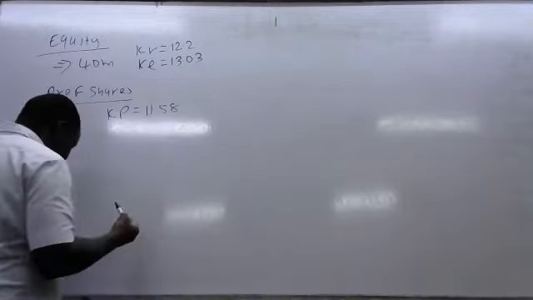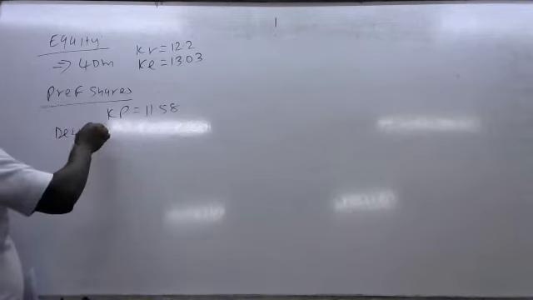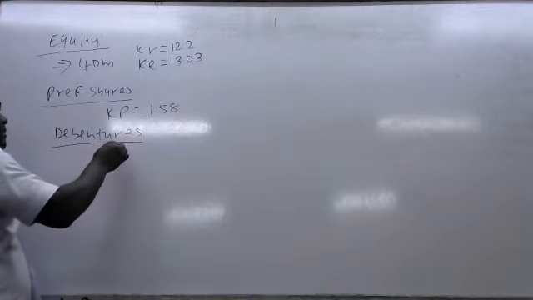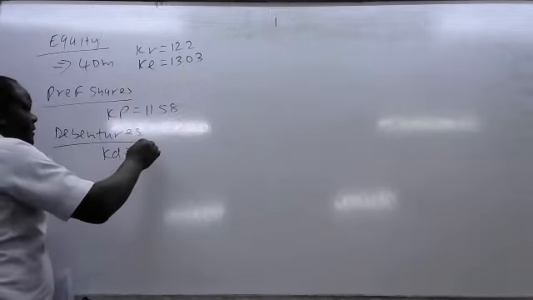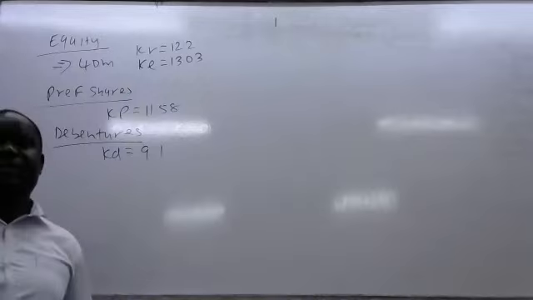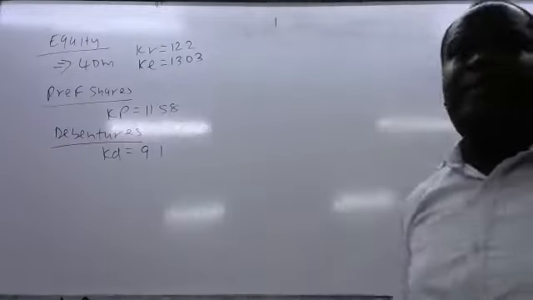Then when it comes to the debentures, debentures also have no breakpoint, but you have calculated KD, 9.1. So that information we already have. I'm simplifying it so that you can answer the question of how to get a WMCC.